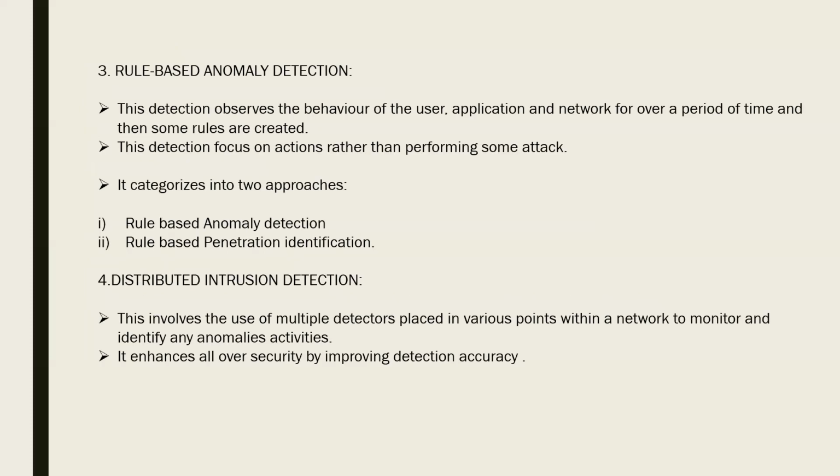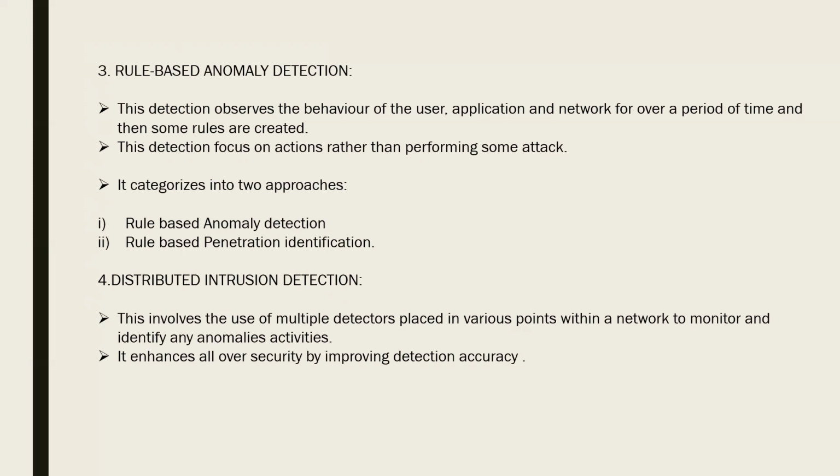The third one is rule-based anomaly detection. As the name says, this detection observes the behavior of the user, the applications the user uses, and the network the user uses over a period of time. Then some rules are created.